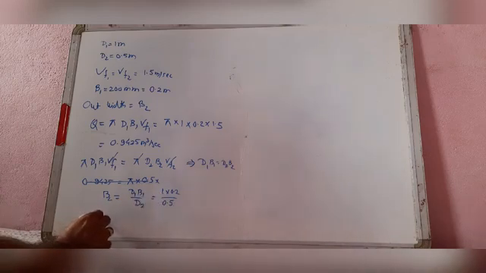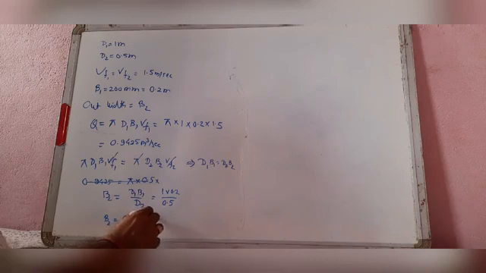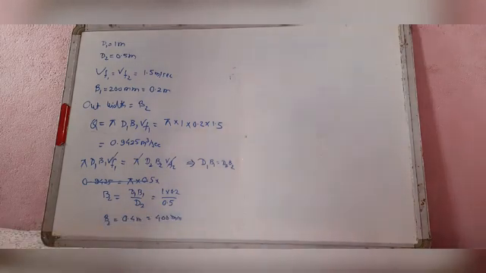So the value of B2 comes here as 0.4 meter, that is equal to 400 mm.